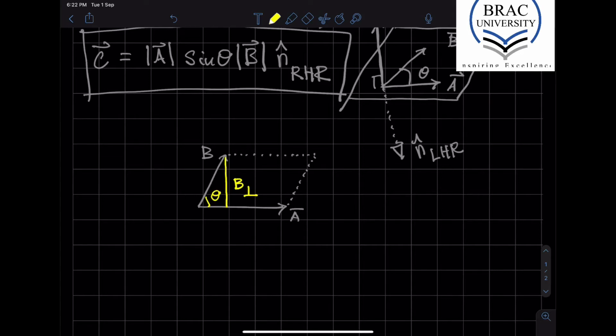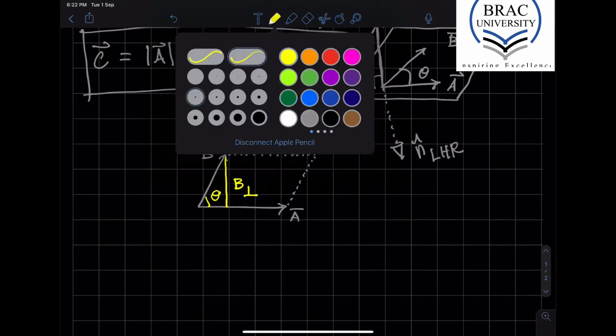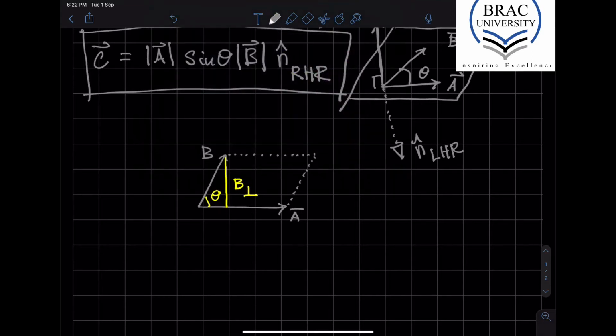Then, as you know, the area of this parallelogram is given by B perp times the magnitude of A. But what is B perp?